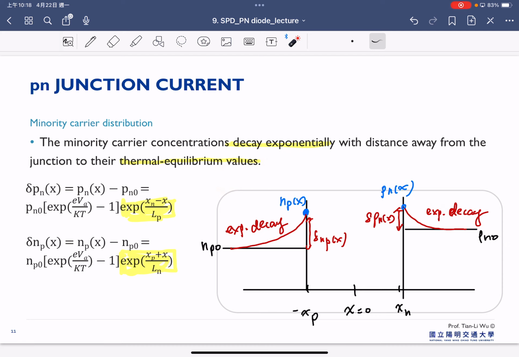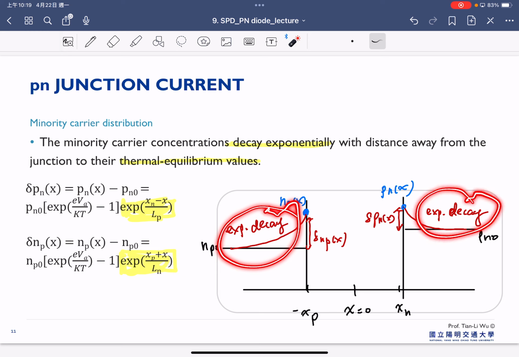So the process to derive this equation is relatively complicated, but in the end, if you forget all these equations and understand the result from the physics point of view, I think it makes sense, especially the exponential decay function.